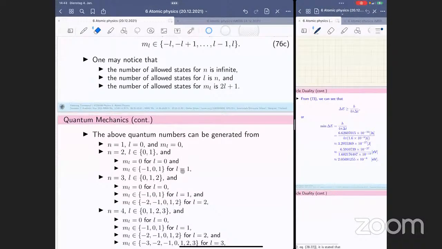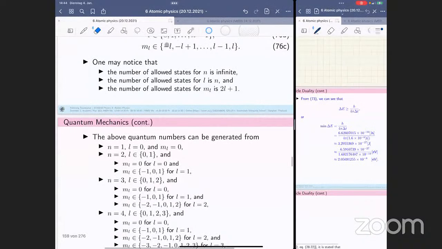But once your L increases by 1 step, which is number 1, ML could start from -L until L. Here minus L is -1, then 0 and 1. That's the maximum value of ML in this case, so there are 3 possible values of ML right here.